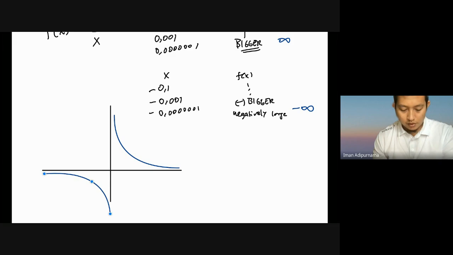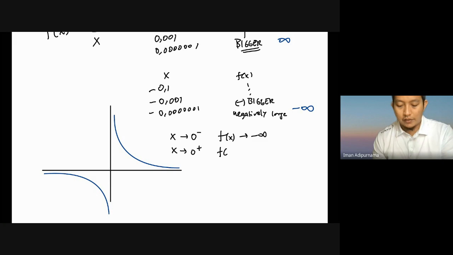So x approaching 0 from the left, f of x is getting negative infinity. As x approaches 0 from the right, f of x is getting positive infinity. Right? Okay. This is a little bit of review for your calculus, and hopefully it can be useful as well.